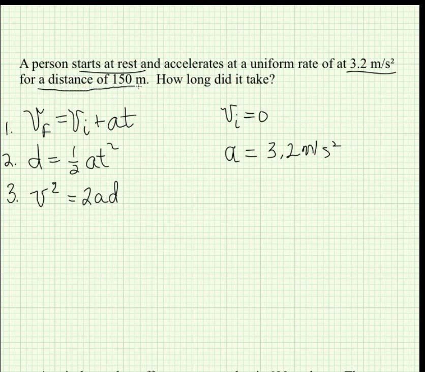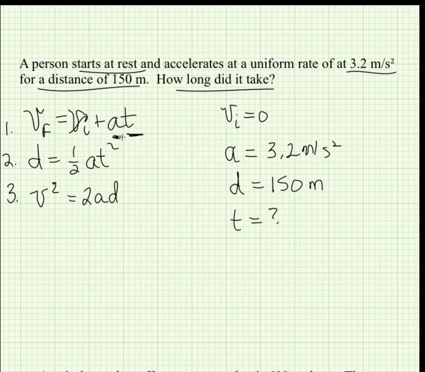For a distance of 150 meters, that's going to give me the distance is 150. And the question is, how long did it take? And I'm looking for the time. How much time is it going to take for us to go that distance? So we go through our three kinematic equations, and my initial velocity is 0, so that means I can use the second and third. I'm looking for time, so that's good.